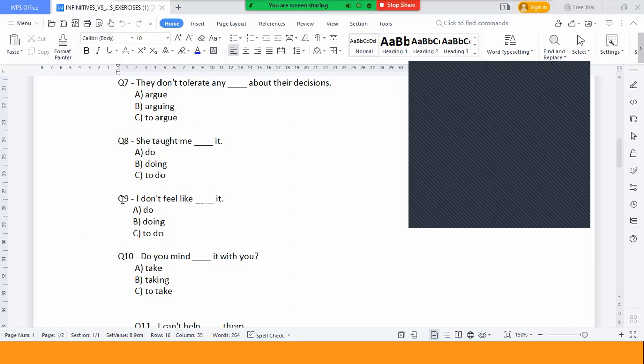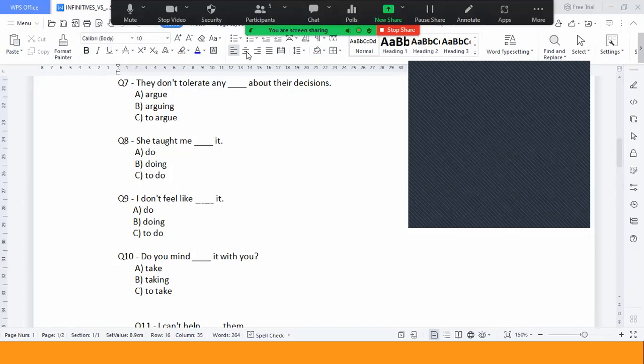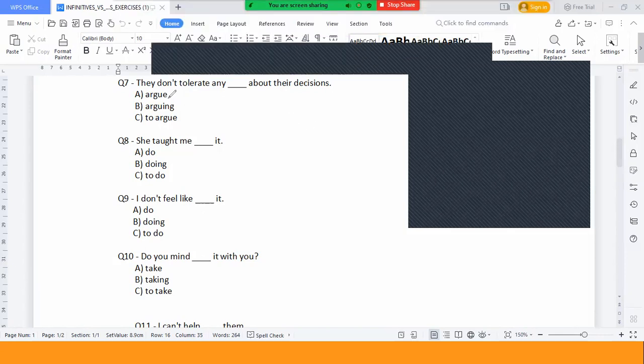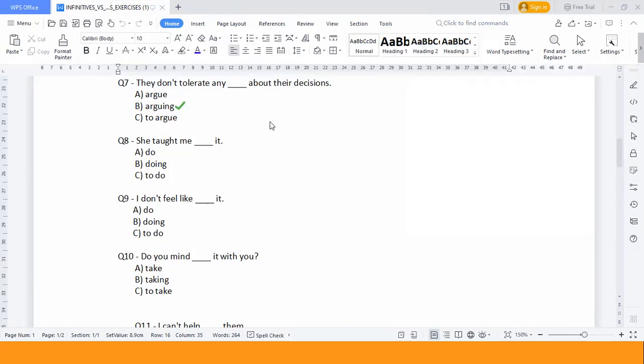Okay, let's see number 7. Javier, please. They don't tolerate any arguing about their decisions. Exactly, good. They don't tolerate any arguing. Here we have the word arguing. How do you understand that sentence in Spanish?